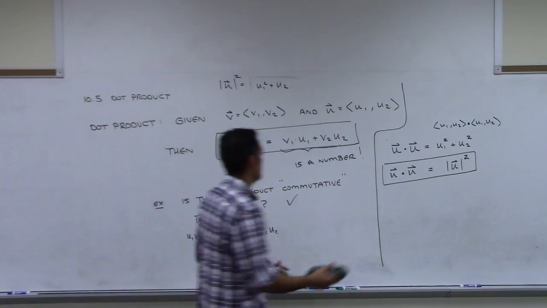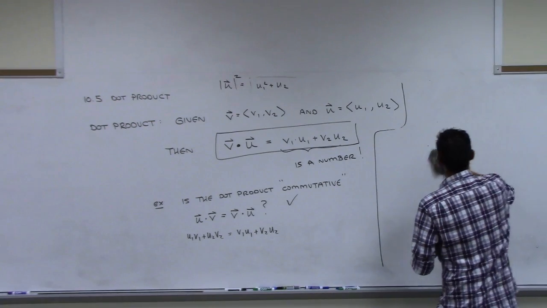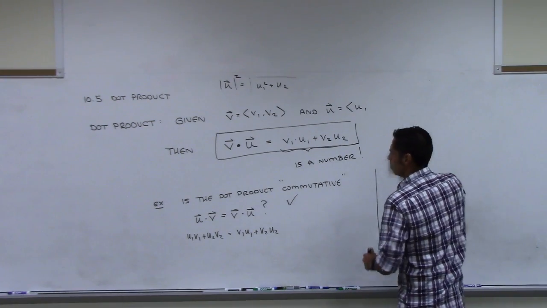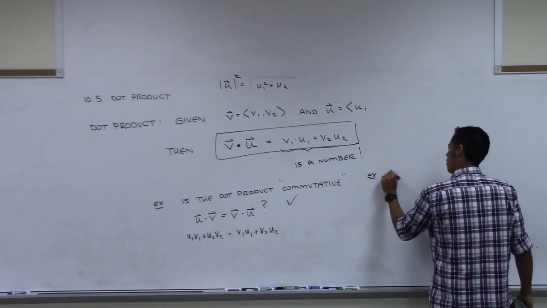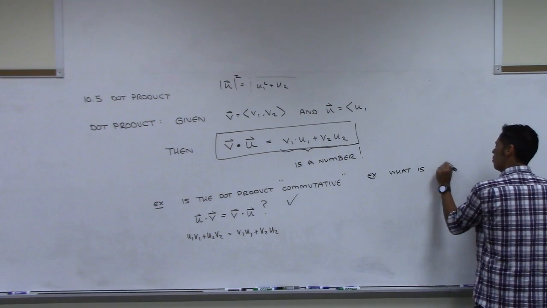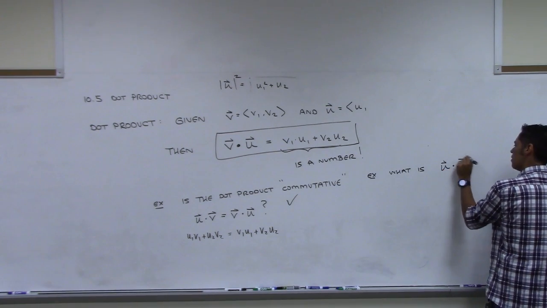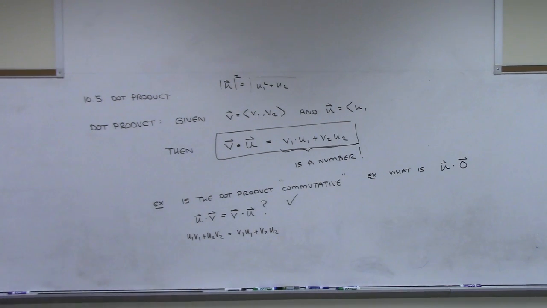Okay, another question for you. What is u dot 0? Now that's not 0, that's actually the 0 vector, right? What happens when you take a vector and dot it with a 0 vector?